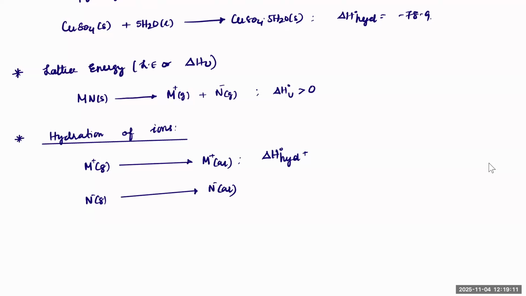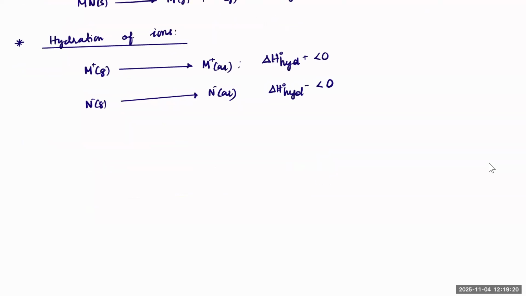This is for the cation, and here also energy is released. And hydration energy in this case is for the anion. Here also energy is released. So this is hydration energy. Beta. Yeah. Okay.